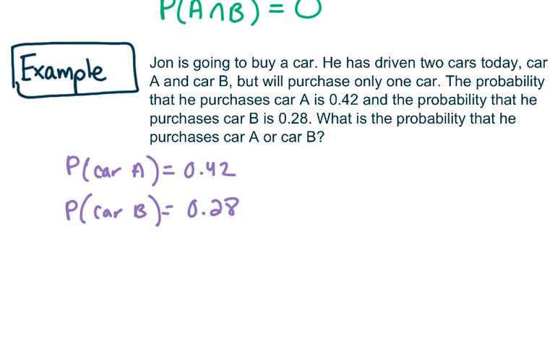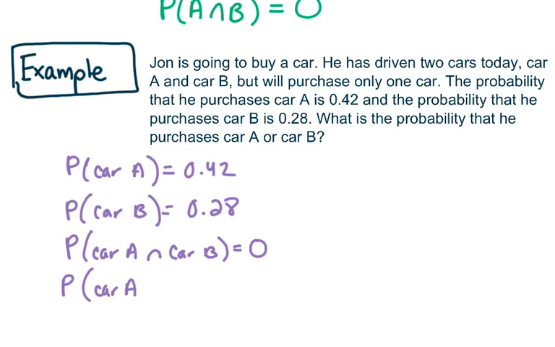What is the probability that he purchases car A or car B? Well, he's only purchasing 1 car, so we know that the probability of car A and car B is going to equal 0. So I'm looking for the probability of car A or car B.